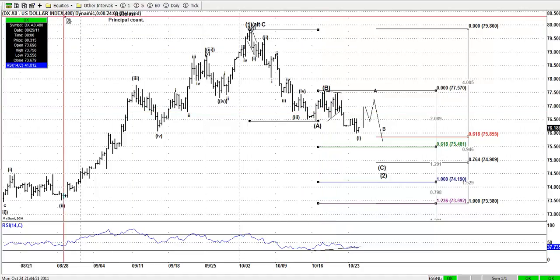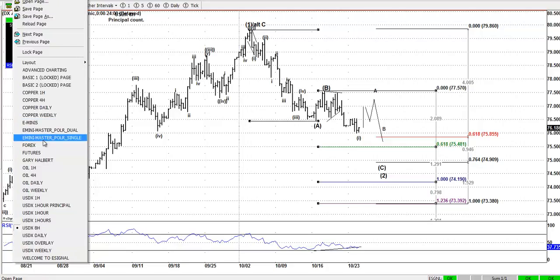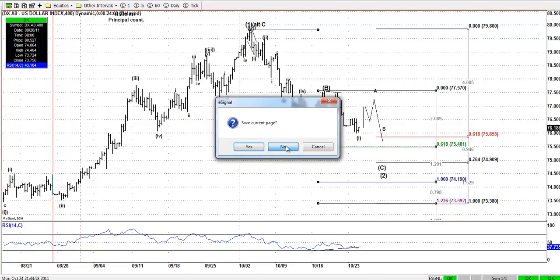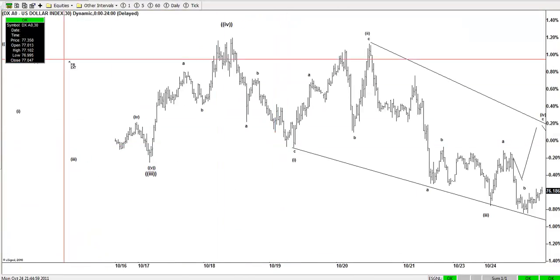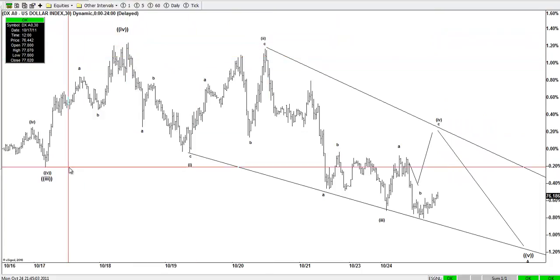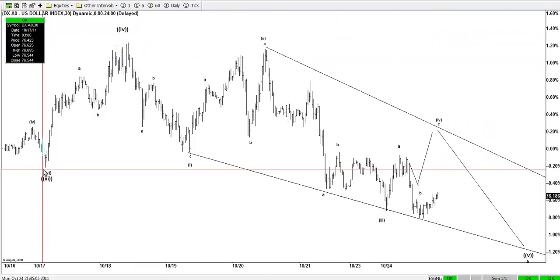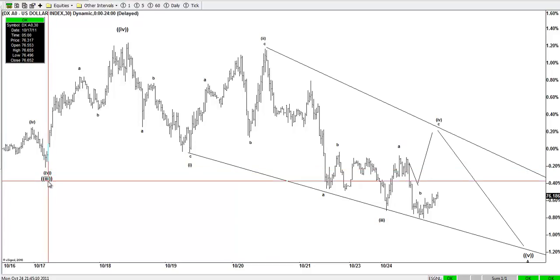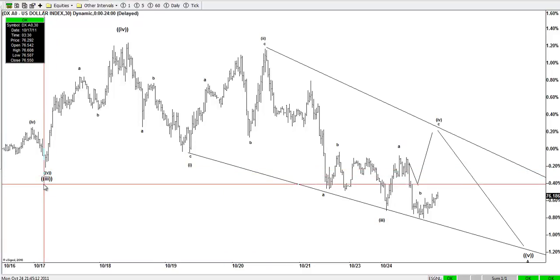Now, let's see the dollar in the short time frame. If we take a look from the high right here, this is the low that can be in the dollar, either a wave 3.